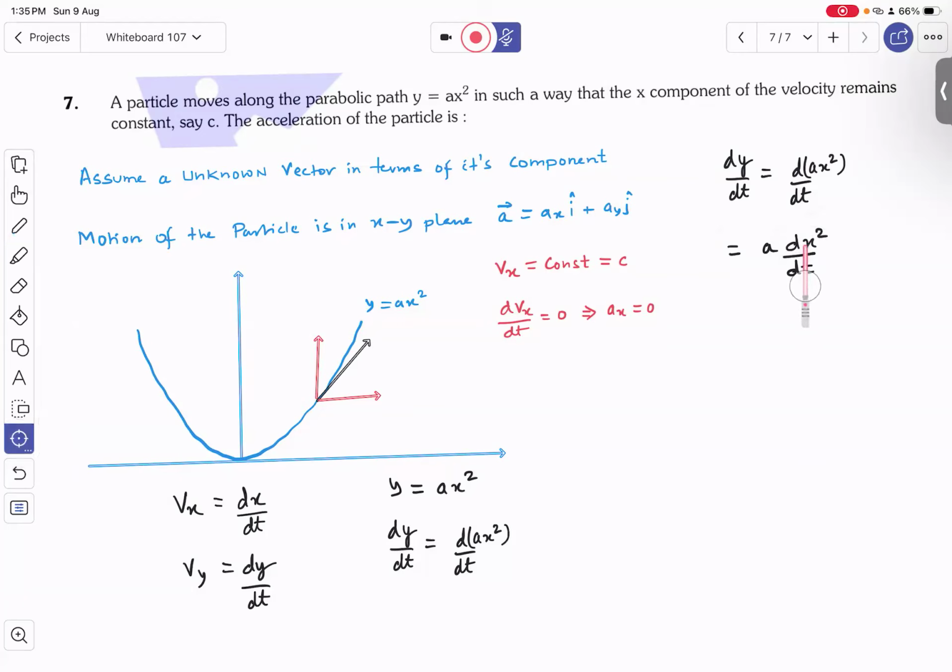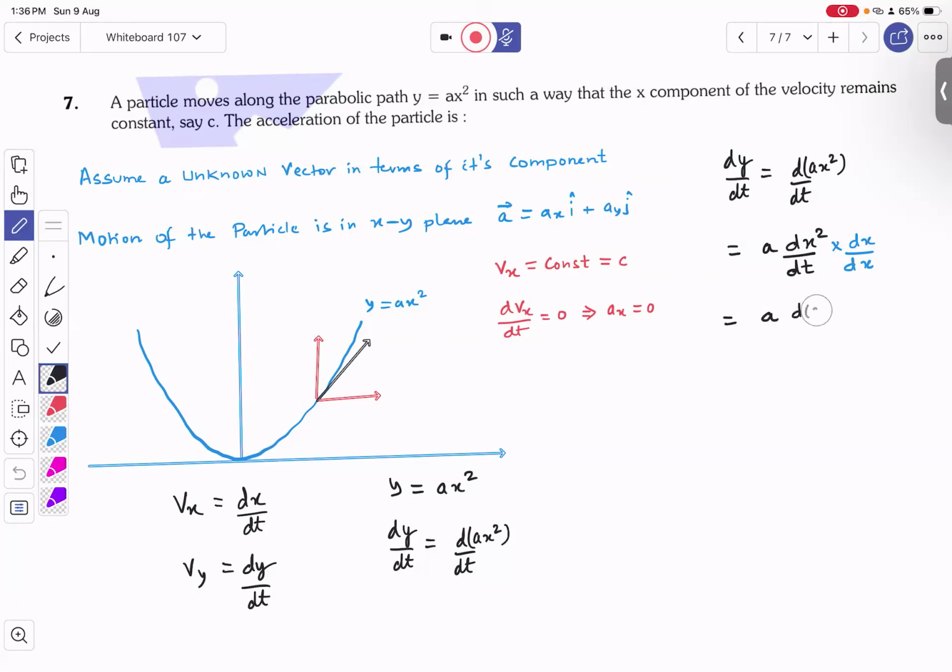Differentiation of x squared with respect to t I have to find. I don't know how to find that, but what I know how to find is differentiation of x squared with respect to x. So for the sake of being able to do the differentiation, I multiply it with dx and divide by dx. Totally legal thing to do, correct? And then I exchange their denominators.